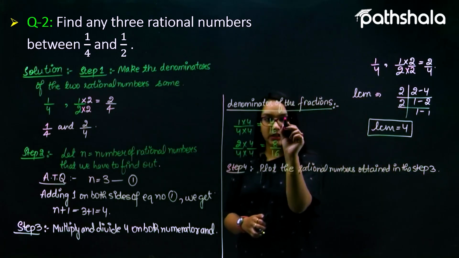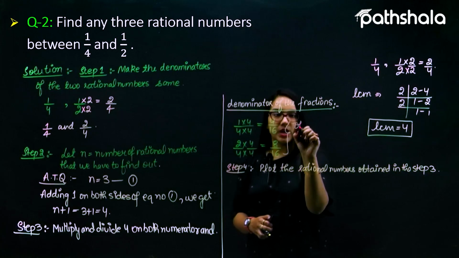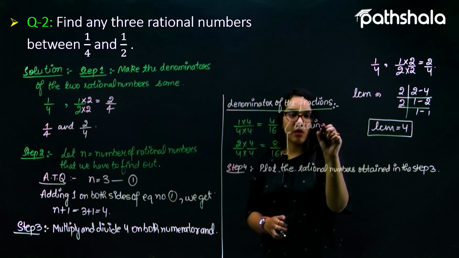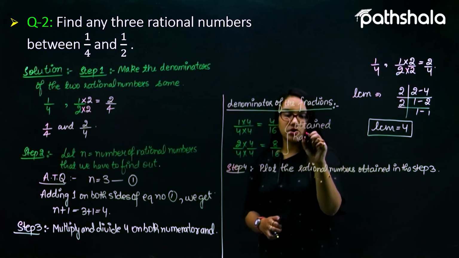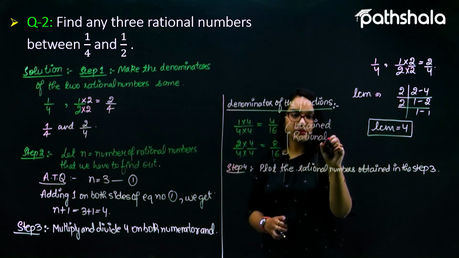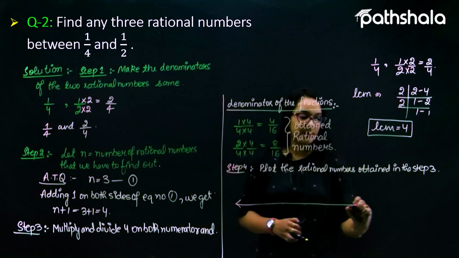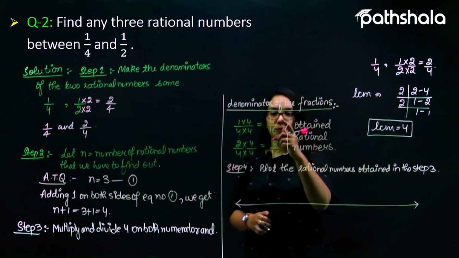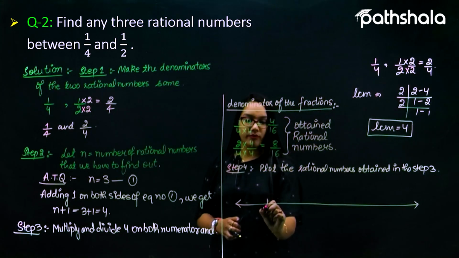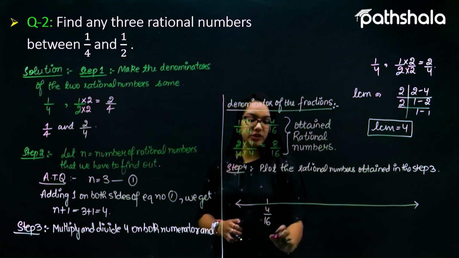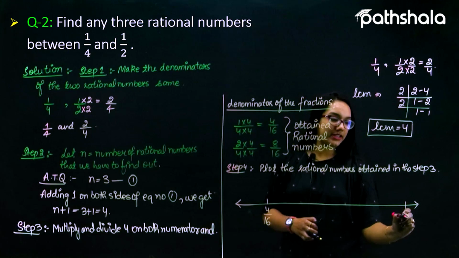So in step 3, the obtained rational numbers are these. These are my obtained rational numbers. Now represent them or plot them on the number line, as this is my number line. So 4 by 16, 8 by 16, obviously 4 by 16 comes first. So this is 8 by 16.